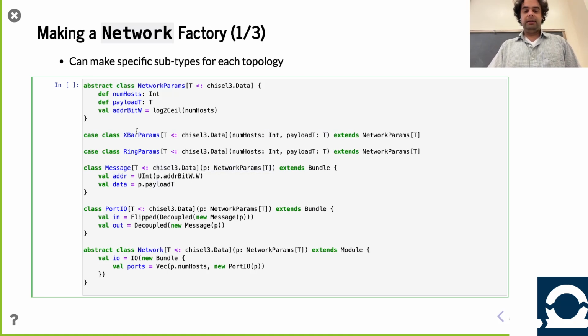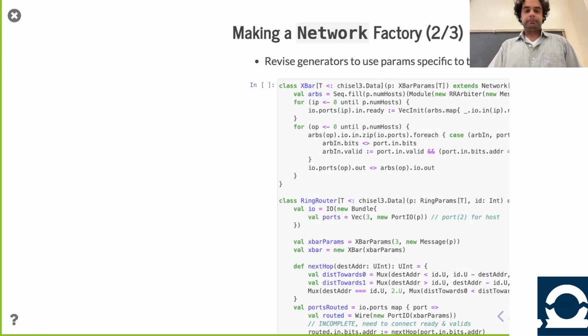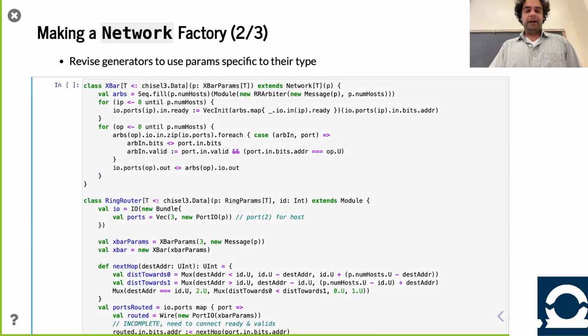It doesn't necessarily need to be too complicated based on the child classes. The ports, the network itself takes the network parameters. That all comes together. Now, I can revise both the crossbar and the ring router to take in the corresponding parameters for each type.